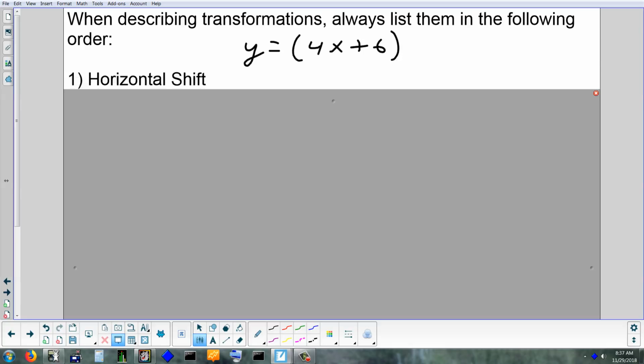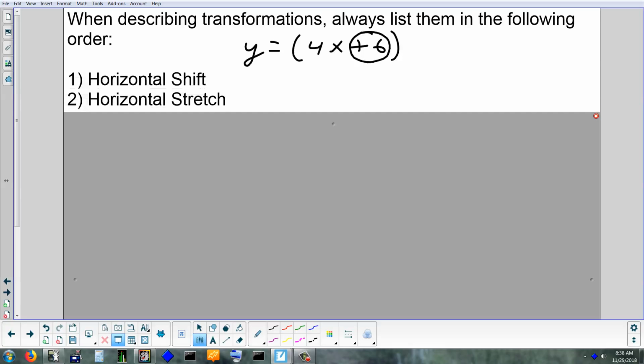when you list your transformations, and this is right at the bottom of your front page, the first one you always list, if it's there, is a horizontal shift. This one does have a horizontal shift. It's right there. You could go back in the notes and look up what adding a number inside does, but I'm telling you it is a horizontal shift.